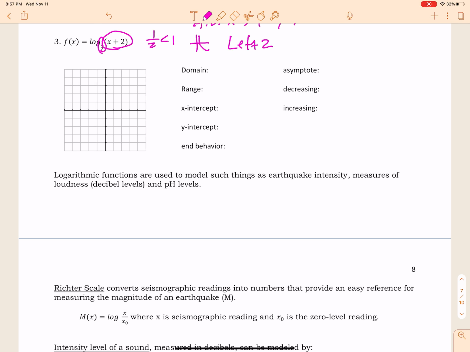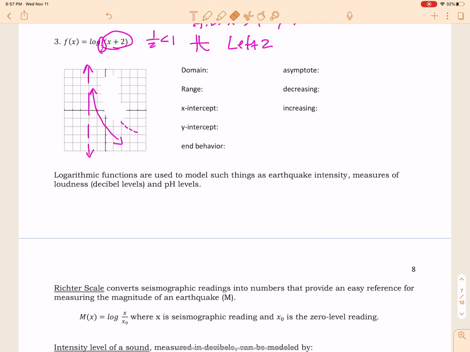We don't have any reflections or anything for this one. So my initial graph would look like that, but I'm moving left 2. So the asymptote moves left 2, and this ordered pair of 1, 0 also moves left 2. Okay, so there's my original.